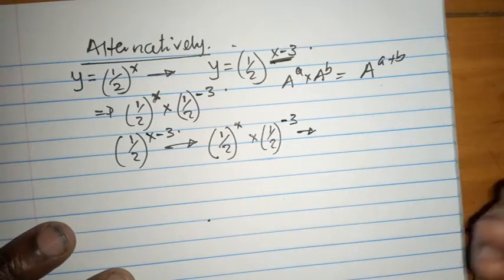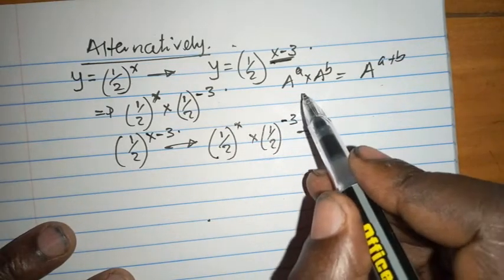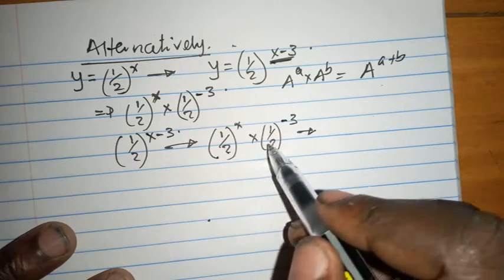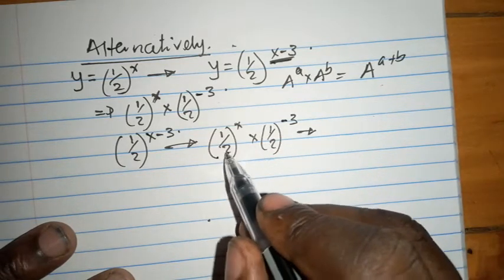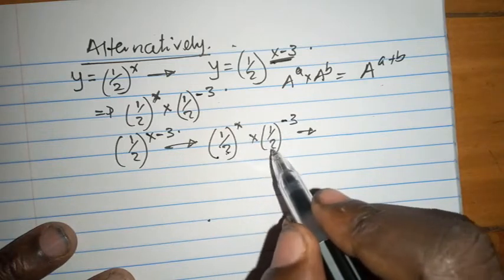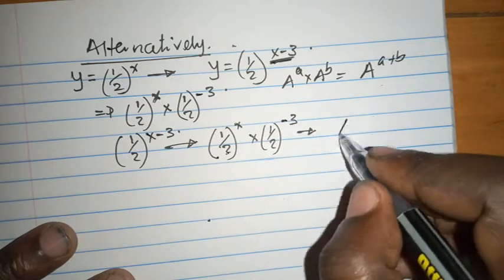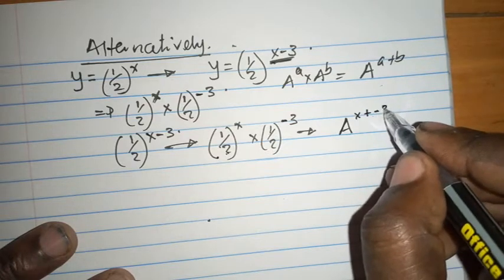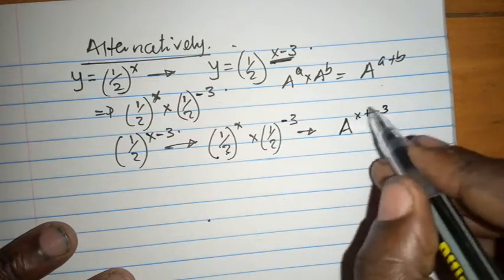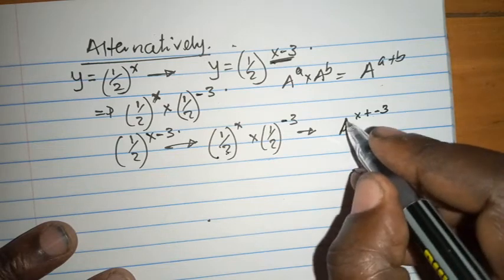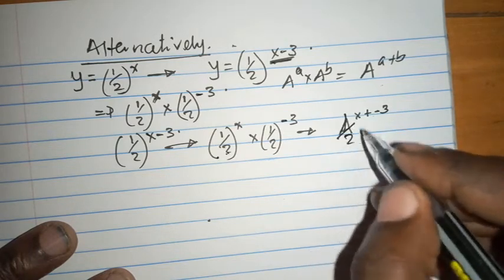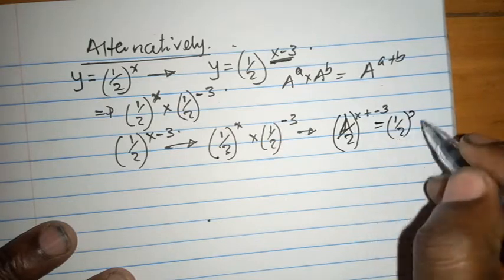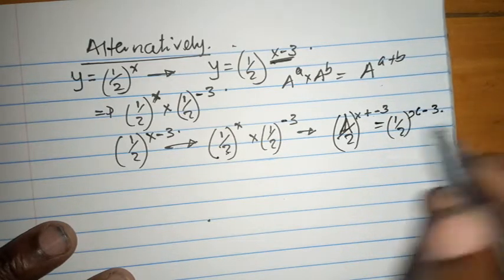And this is what gives us, according to this law of indices, the base is the same, half. a raised to power a times a raised to power b is equal to a raised to power a plus b, where our a is of course a half, which is a half raised to power x minus 3.